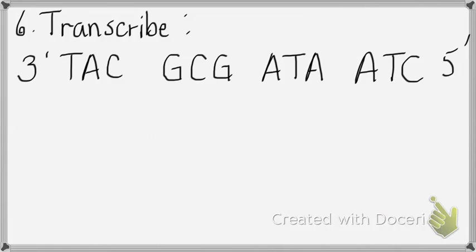Okay, so get me started. Here's 3 prime, so what do I put down here? 5. Okay, go ahead. A, U, G, C, G, C, U, A, U, U, A, G, 3.